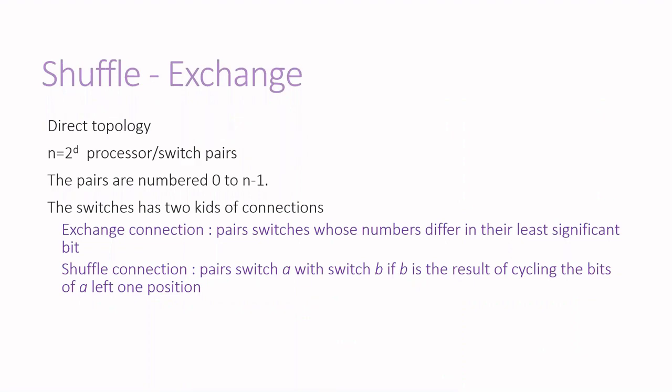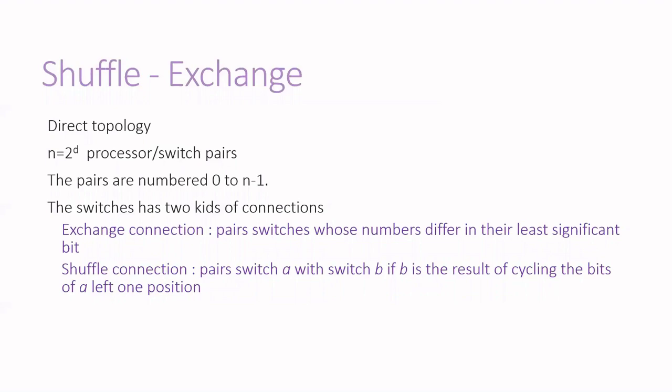It is a direct topology, hence the number of switching nodes is equal to the number of processors. Here the total number of processors is n, where n is a power of 2. The processor-switch pair is labeled from 0 to n minus 1. Here there are two rules for connection.